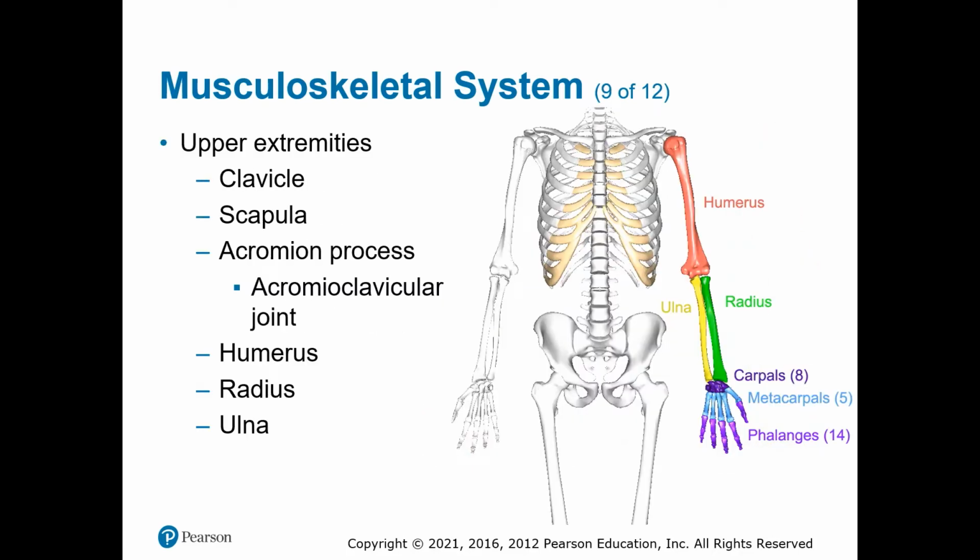In your upper extremities, you have your clavicle, your scapula, your acromion process, which is the acromioclavicular joint, or the AC joint.